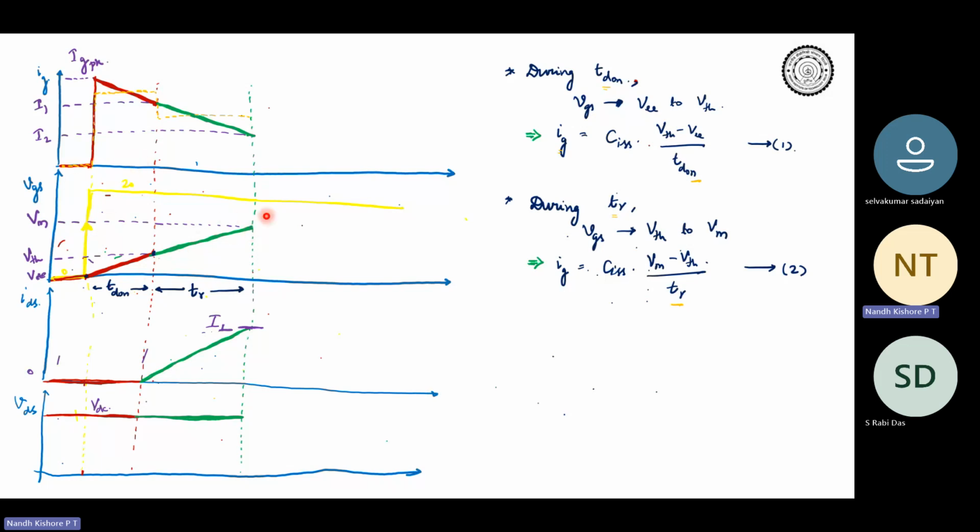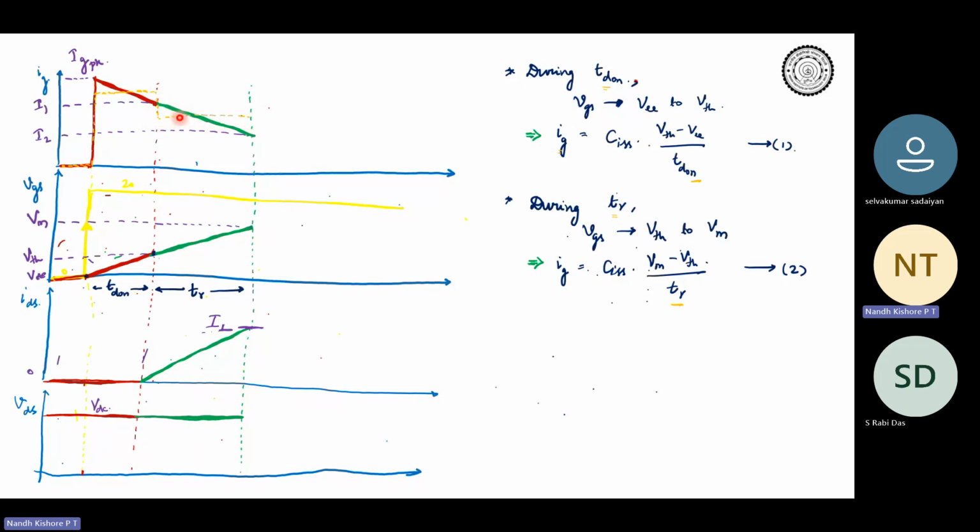So as gate voltage increases, obviously gate current will decrease. Initially it was at I1, right, at the beginning of this interval. And when VGS reaches VM, your gate current becomes I2. Okay, so gate current has fallen from I1 to I2. Again, we will find out the average gate current, right?